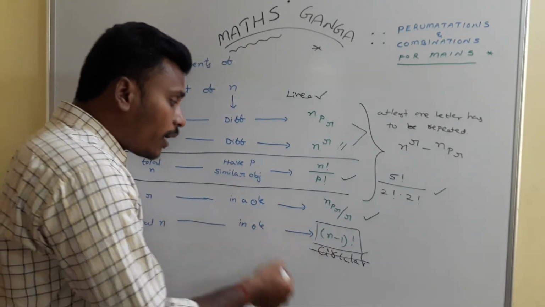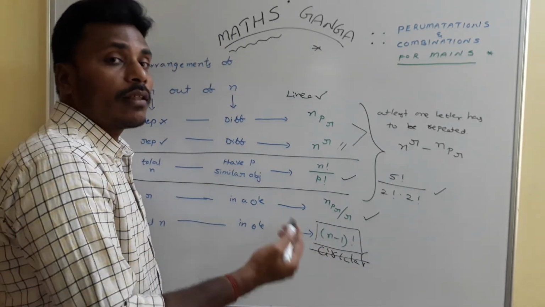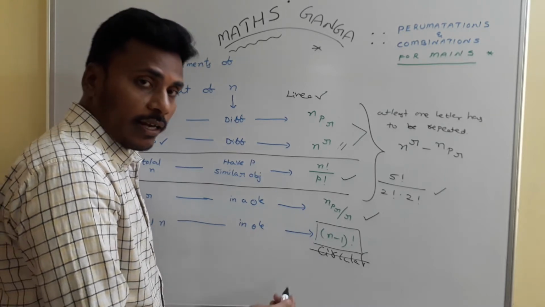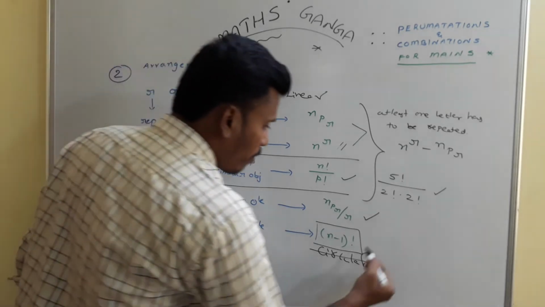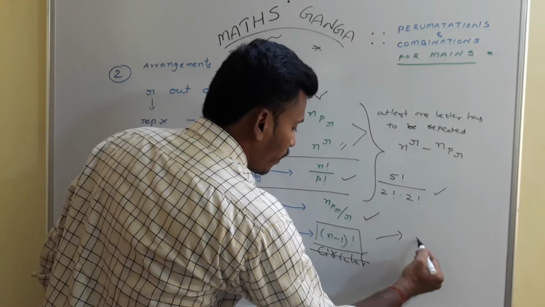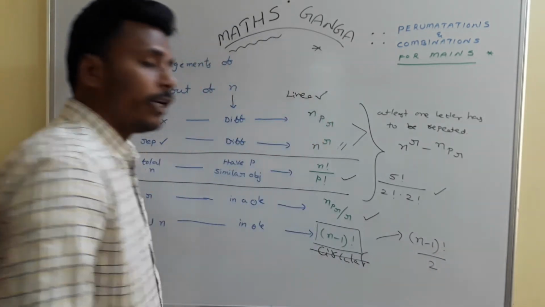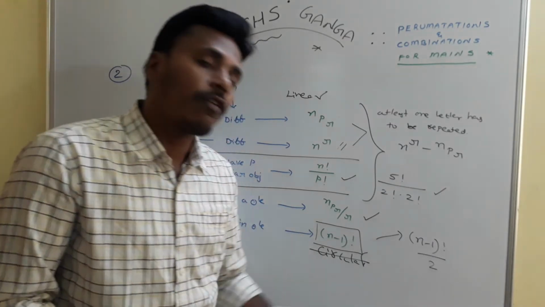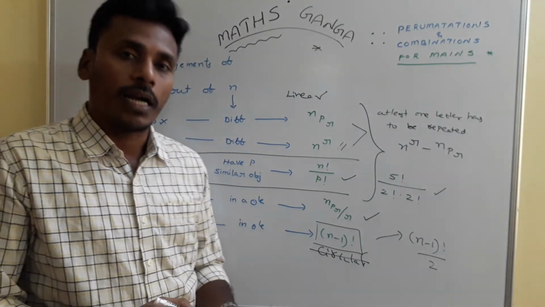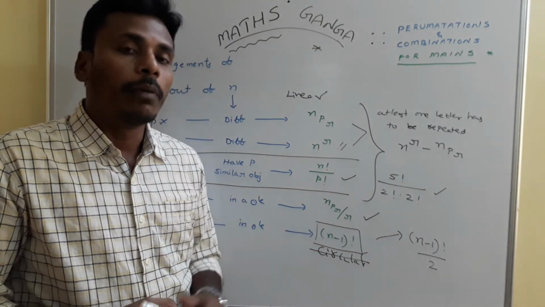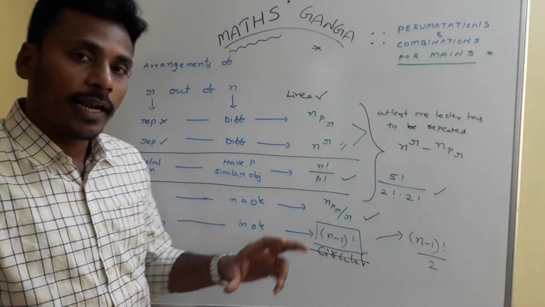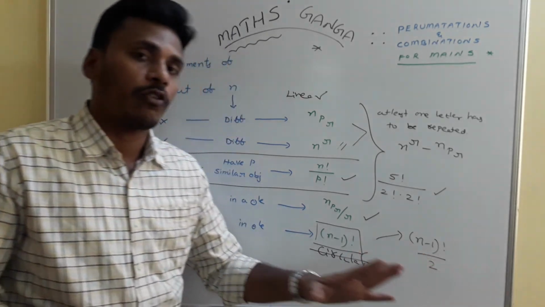And for that circle, if there is no importance for left and right, no importance for front and back, then in those cases the number of circular arrangements becomes N minus 1 factorial by 2. We will use this N minus 1 factorial by 2 for flower garlands and pearl beads. For such types of arrangements, we will use this N minus 1 factorial by 2.